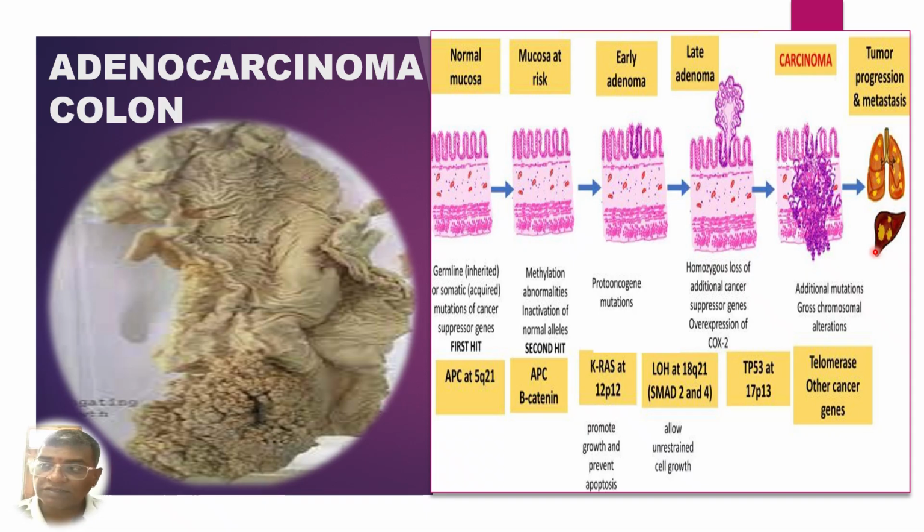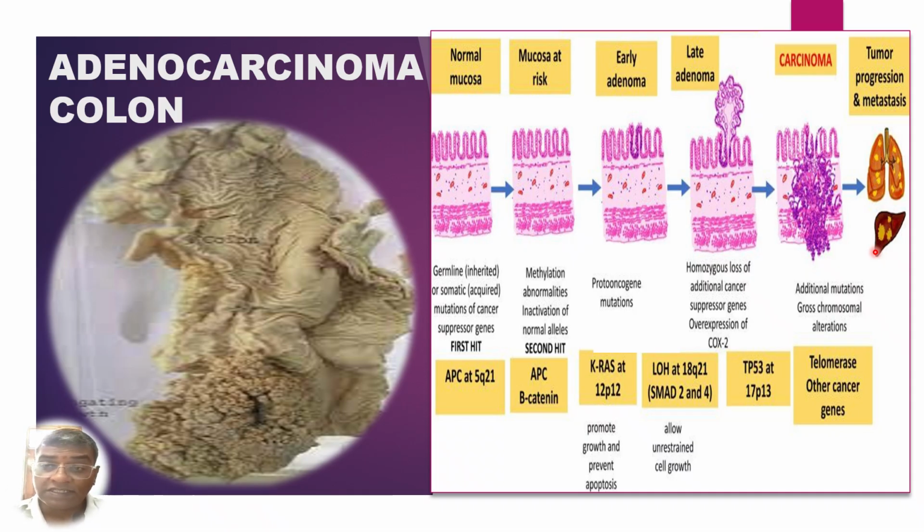The tumor marker present here in colon cancer is increased carcinoembryonic antigen, useful to detect recurrence. And on radiology, there is an apple core appearance. Remember, apple core appearance on barium enema is a characteristic radiological finding in adenocarcinoma colon.